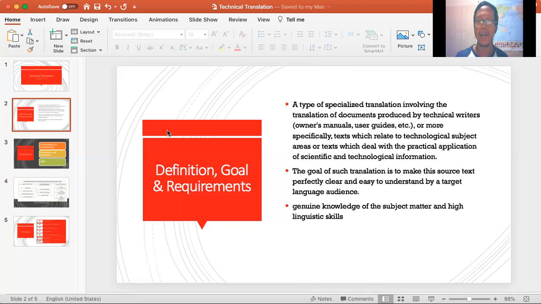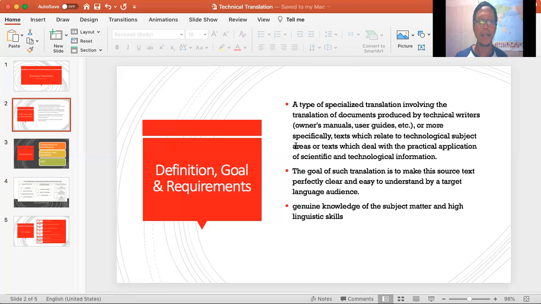It still deals with terms like what you have learned in the class of translation and interpretation: source text and target text, source language and target language, and the translation is like in the middle of this. It is a kind of bridge. And then what is the goal of technical translation?